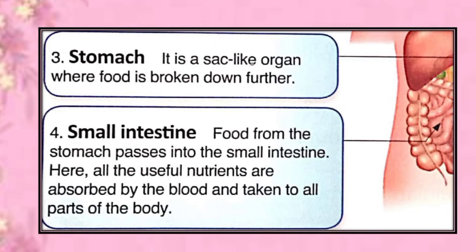Now, fourth organ of your digestive system is small intestine. Food from the stomach passes into the small intestine. Here all the useful nutrients are absorbed by the blood and taken to all parts of the body.